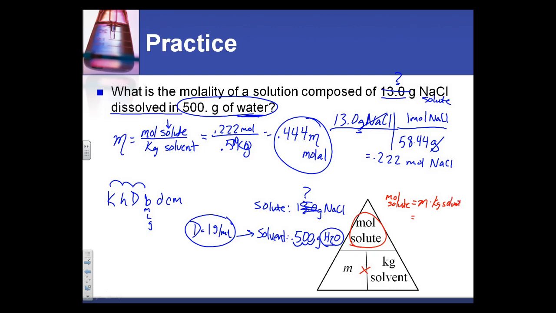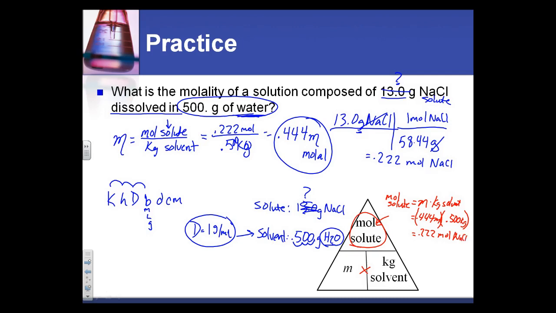And I would end up with my molality of 0.444 times my kilograms of solvent, 0.5 kilograms of that water, and that would give me 0.222, and you have to know from the formula that the units come out in moles. And it's moles of my solute, so it's sodium chloride.